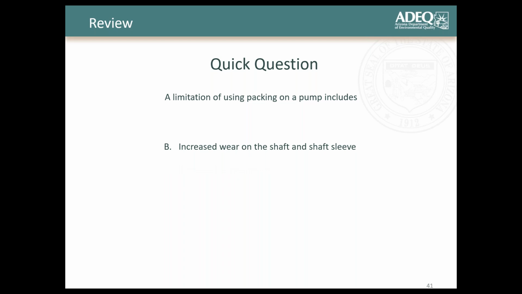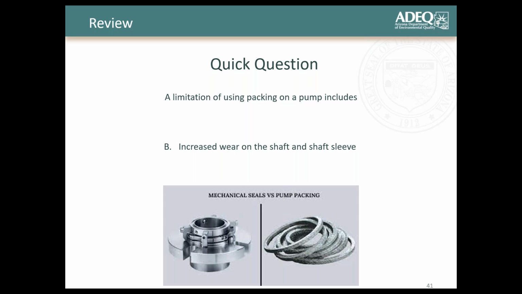Someone's not sure what packing is, so let me clarify. There are two types of seals that a pump typically uses, mechanical seals and pump packing. I should have included a slide on that. Pump packing is a way to keep your pump seal cool.